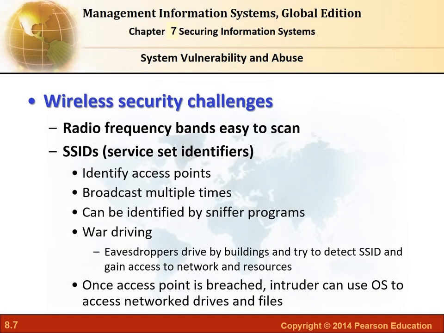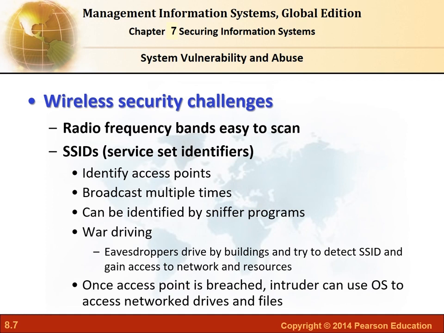This slide discusses security threats related to wireless networks. Local area networks, or LANs, using the 802.11 standard can be easily penetrated by outsiders armed with laptops, wireless cards, external antenna, and hacking software.